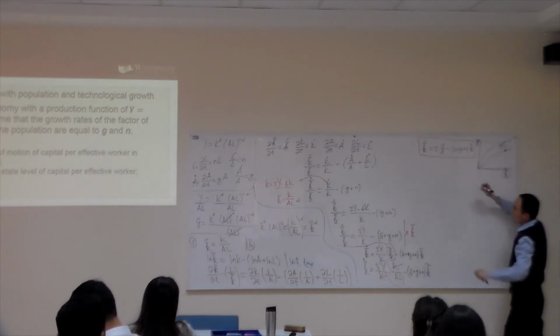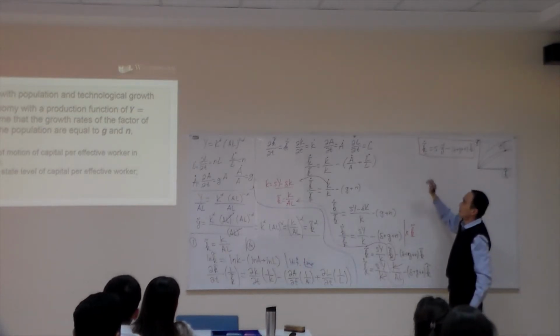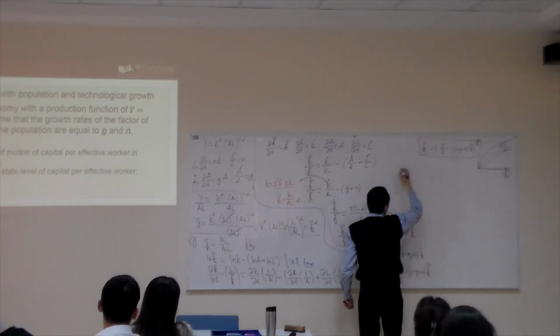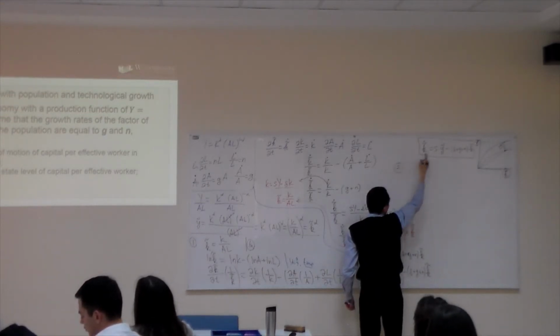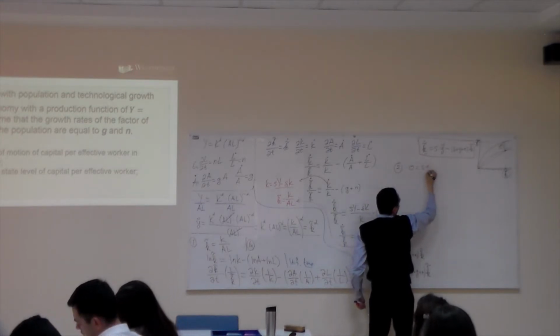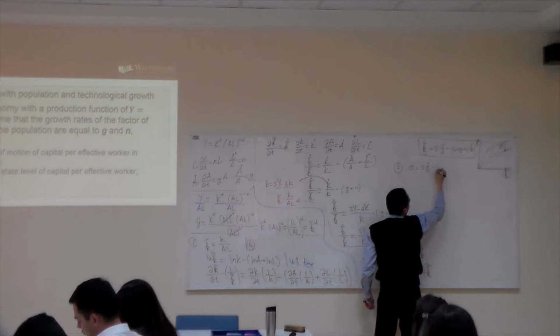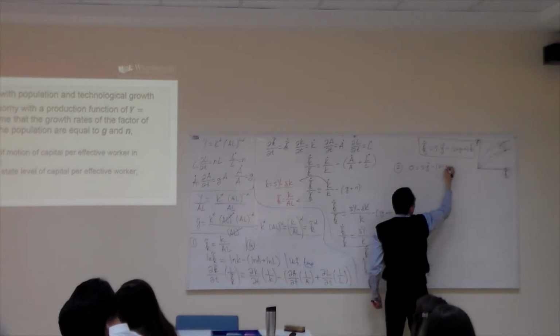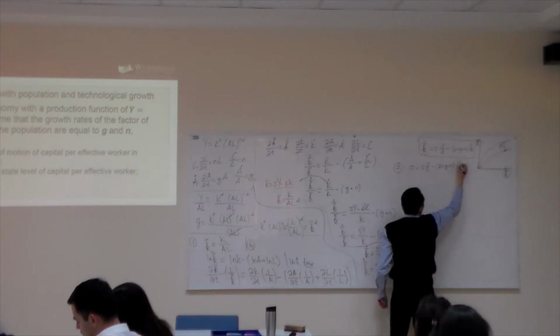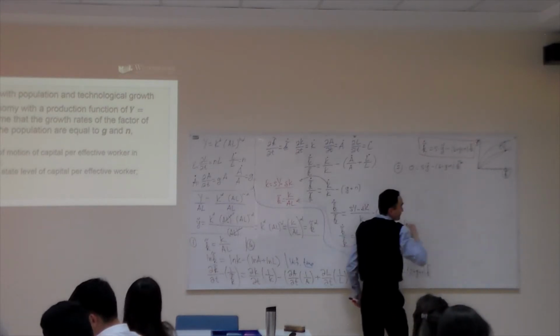Which means that our change in steady state level is equal to 0. So now, in order to find the steady state level, it's going to be 0 equals saving rate times y hat minus delta plus g plus n times capital per effective labor in steady state level.